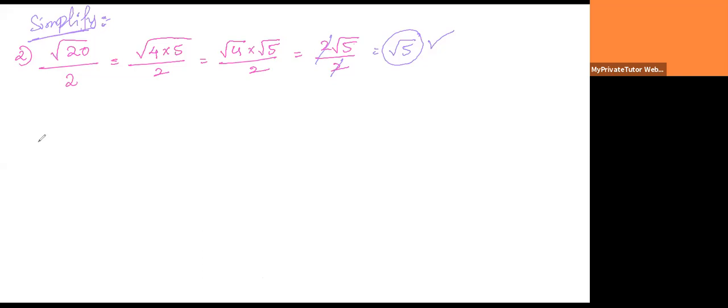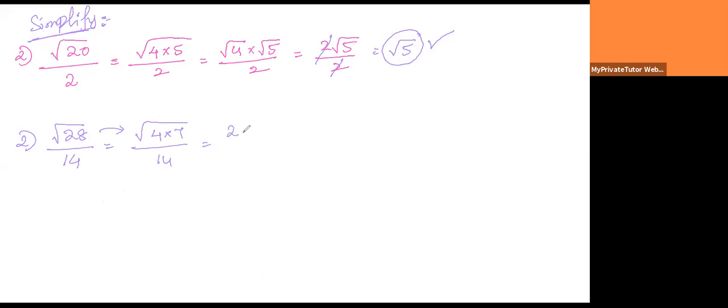Okay, so you might get a question like square root of 28 by 14. So people used to say the answer is 2 because 28 by 14 is 2, right? But here it's not the case. The reason is we have a square root in the numerator. So try to simplify that. Can we write 28 as 4 times 7?